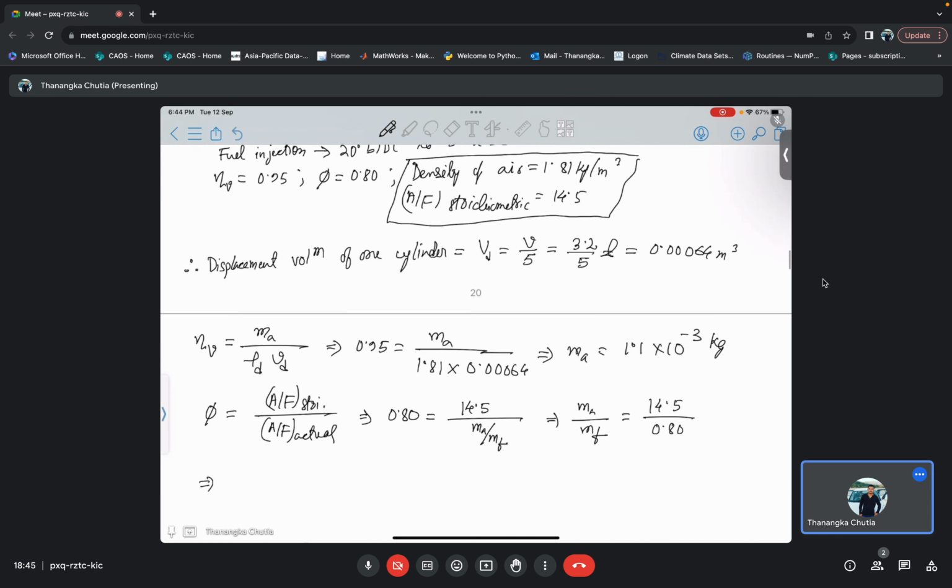So from here, mass of the fuel will be equal to mass of air into 0.80 divided by 14.5. What is mass of air? 1.1 into 10 to the power minus 3 into 0.80 divided by 14.5 kg. Okay, so this is 6.06 into 10 to the power minus 5 kg. Okay, so this is your mass of the fuel.